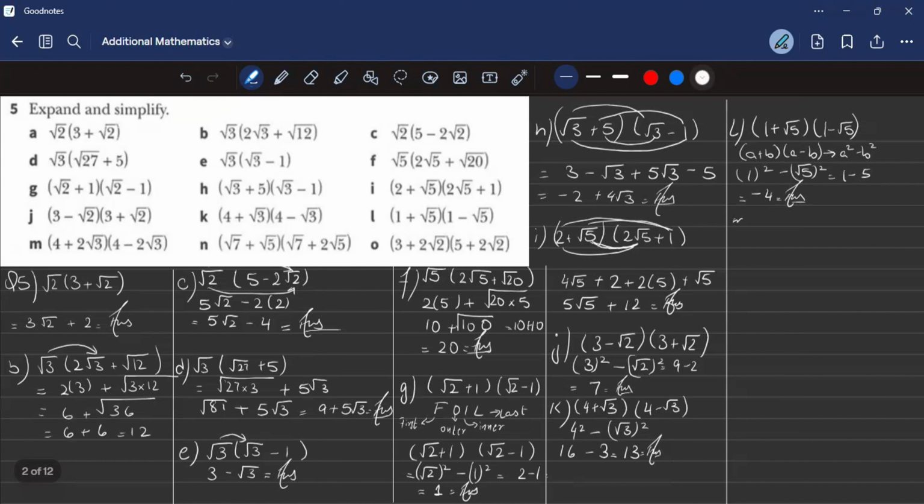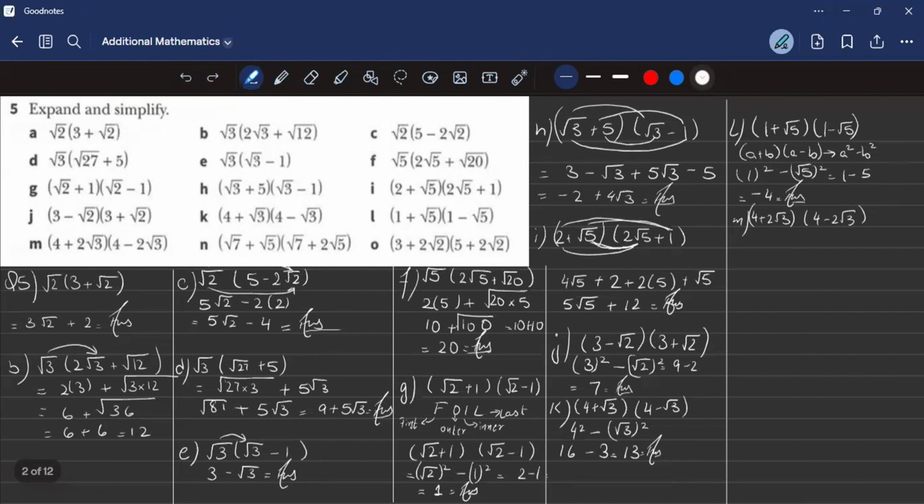For part M, we have what? 4 plus 2 under root 3, multiplied by 4 minus 2 under root 3. Again, the same formula is going to be used here.